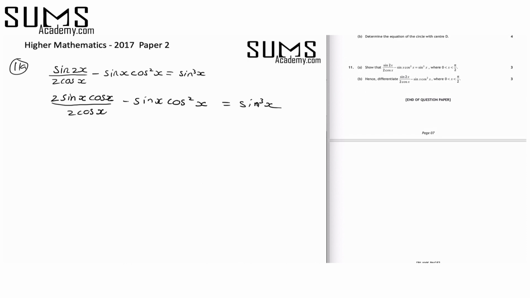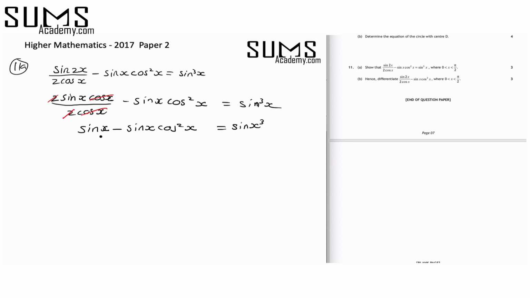So already we can simplify this. We can simplify the 2 and the 2 and the cos x and the cos x. So this then becomes sin x minus sin x cos squared x equal to sin cubed x.